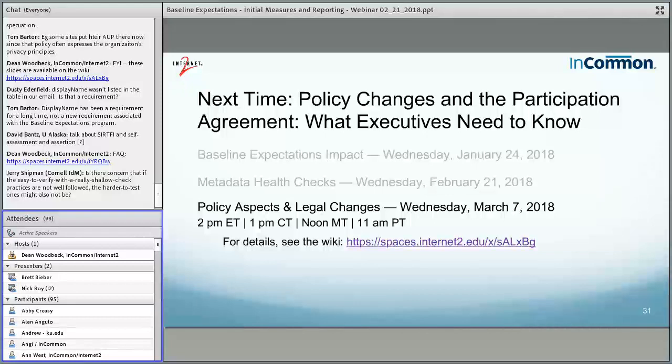Yeah, another aspect of that that's really important is that baseline is a piece of this, but really to expand your ability to collaborate with entities within the Federation, you don't have to stop at baseline. And I think Tom Barton mentioned in our last webinar the importance of the research and scholarship entity category support and making sure that you release attributes to those service providers that are in that category.